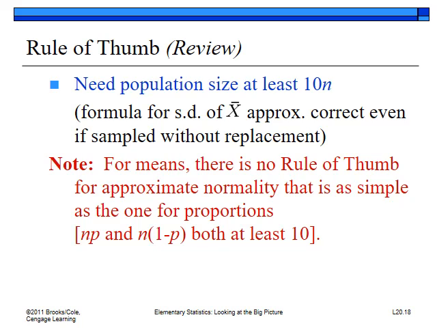Now, for means, we don't have a rule of thumb that works for approximate normality like we did for proportions. Remember, for proportions, we just needed n times p and n times 1 minus p to both be at least 10. We don't have something quite so simple for sample means.